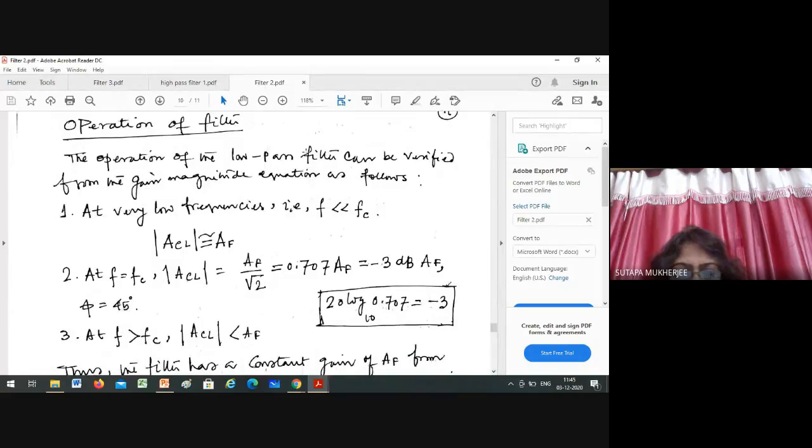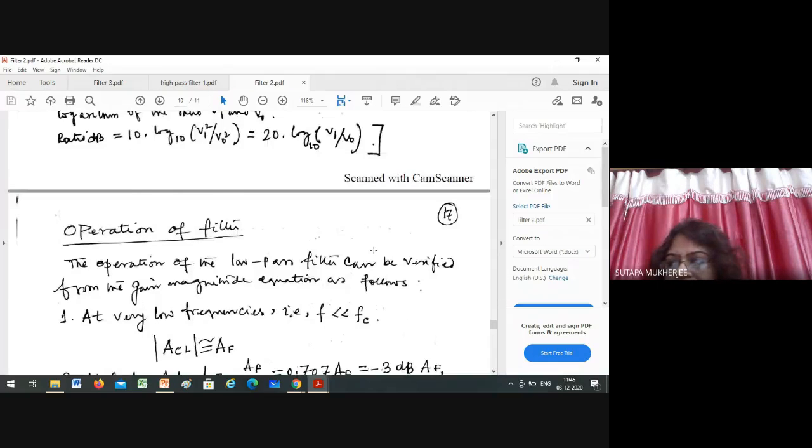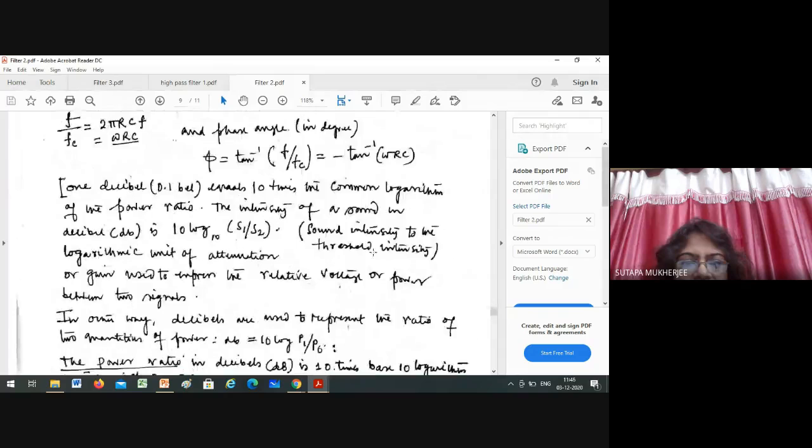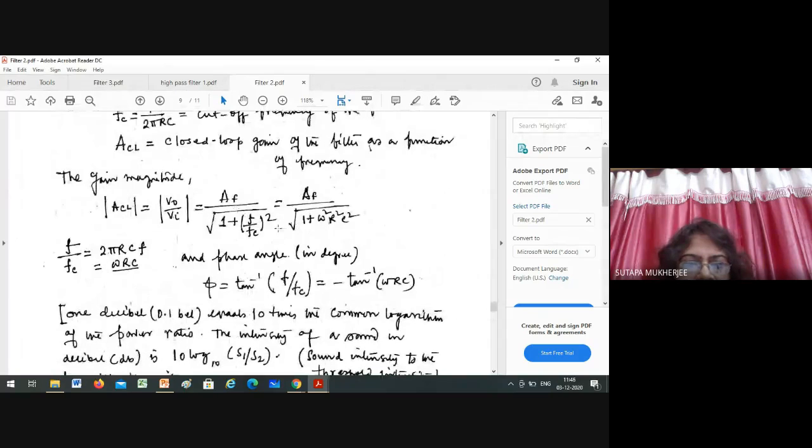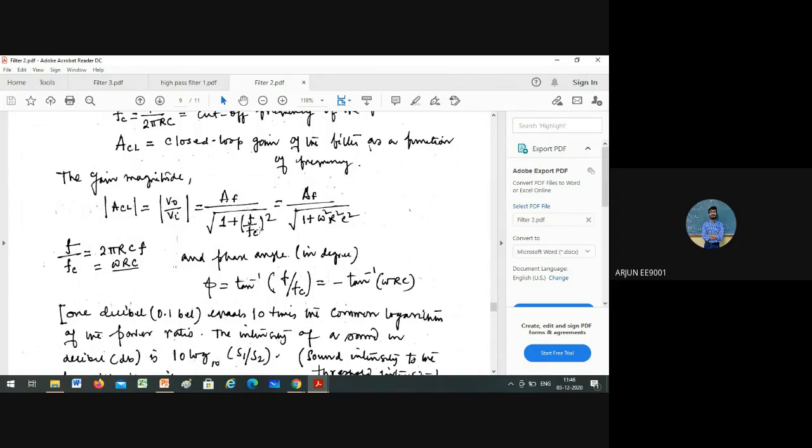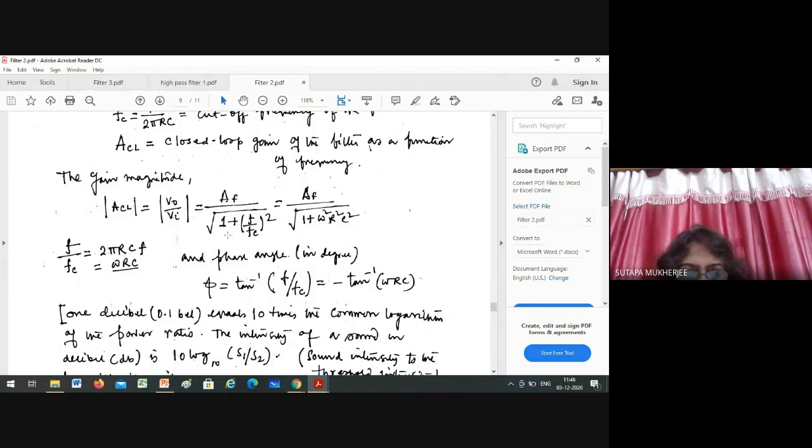If you consider the previous equation, if f is very much less than fc, what will happen? Common sense says that term will become 0. Then what will the value of ACL, the gain magnitude, be? ACL will equal AF, since f is very much less than fc, this term tends to 0.